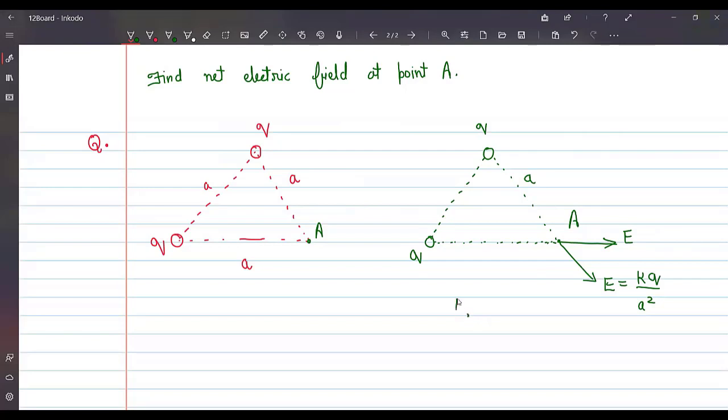Now, at point A, there are two vectors which have angle 60° between them. So, if you apply the concept of vector, the resultant field will be E root 3 at an angle 30° below horizontal.